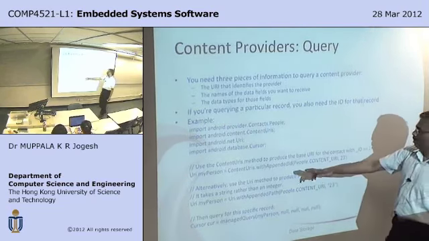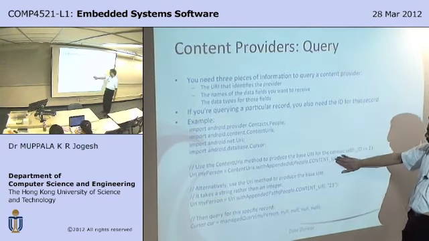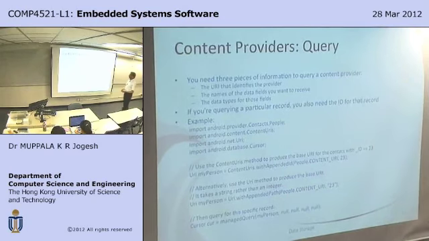So you could take the base URI for contacts with ID number 23, and then use it with something like this. These are all different ways that you can query this particular thing. My person is a URI that is being provided, and there are different ways of accessing these.